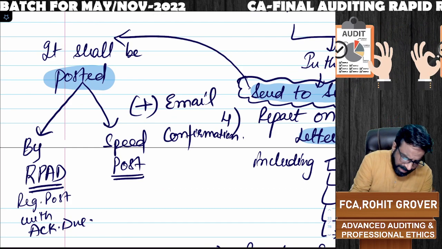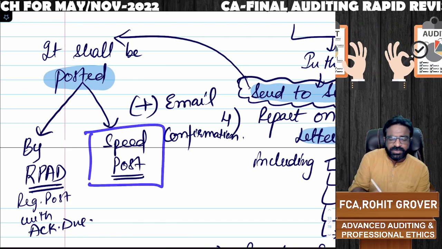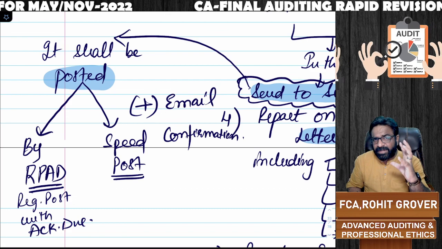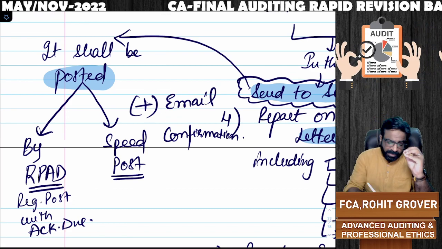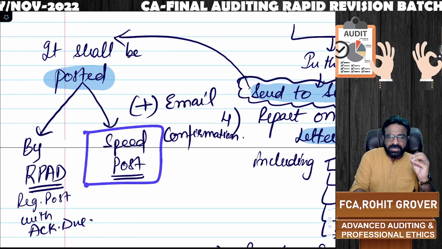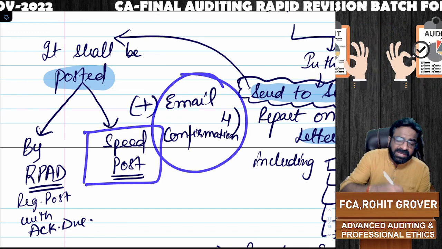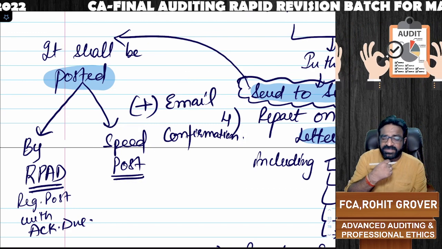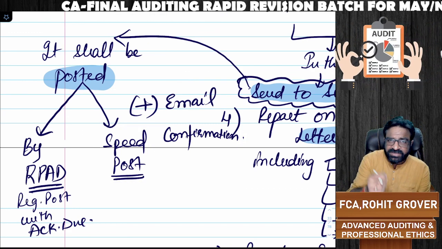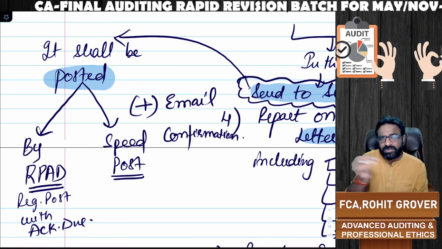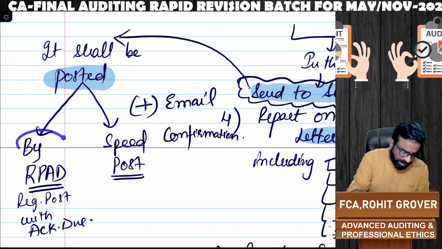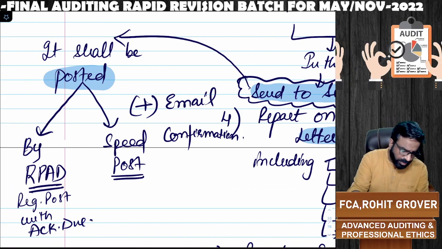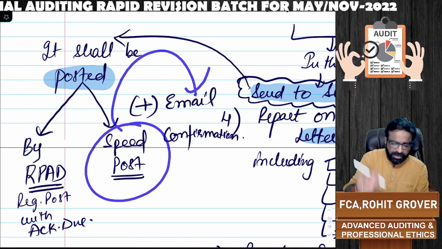But when you are choosing the option of sending it via speed post, remember one thing, we are not sending it via email. We are sending it via post. But when you are sending the speed post, at least send one email confirmation to the Secretary MCA office: as and when you receive this parcel, please reply back whether you received the parcel or not. So either you do registered post with acknowledgement due, or you send a speed post with an email confirmation.